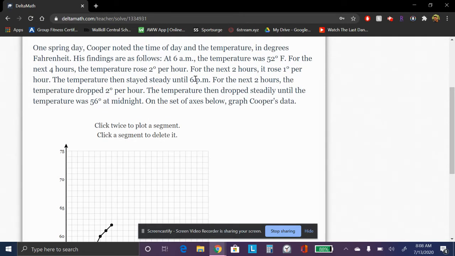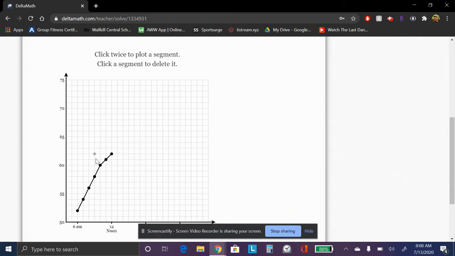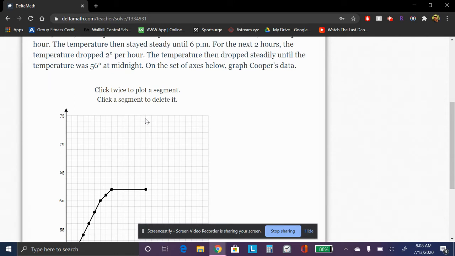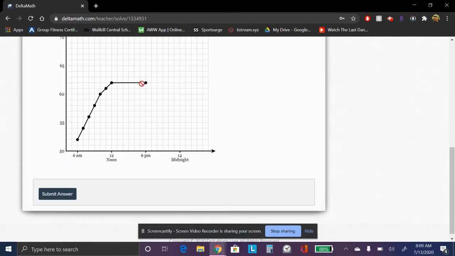Then the temperature stayed until 6 p.m. Okay, stayed. Where's 6 p.m. over here? Okay, so it's going to have a nice flat line until 6 p.m. For the next 2 hours, it dropped 2 degrees per hour.